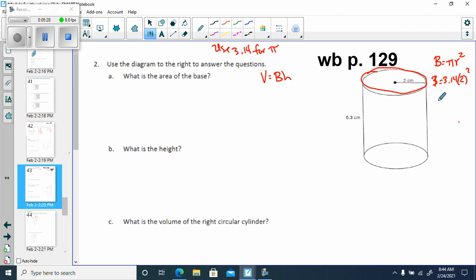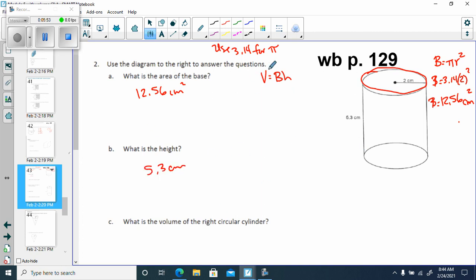So the area of the base here is 12.56, and when you talk in area, it's square units. What's your area of your base? 12.56 square centimeters. What is your height? Your height is the distance between your two bases. In this case, that is 5.3 centimeters.